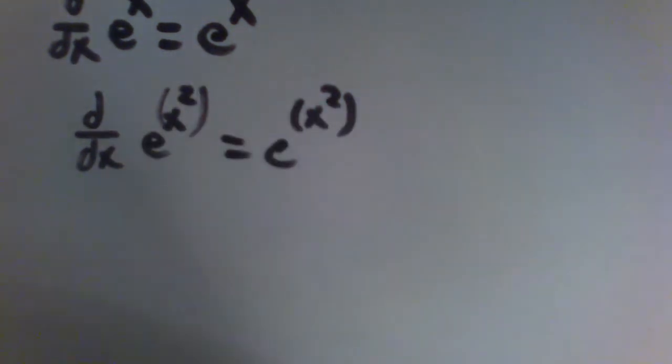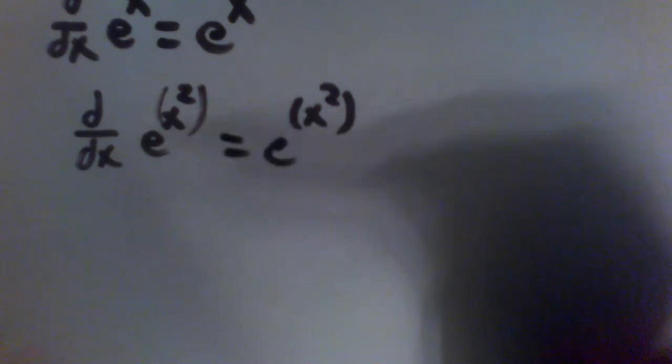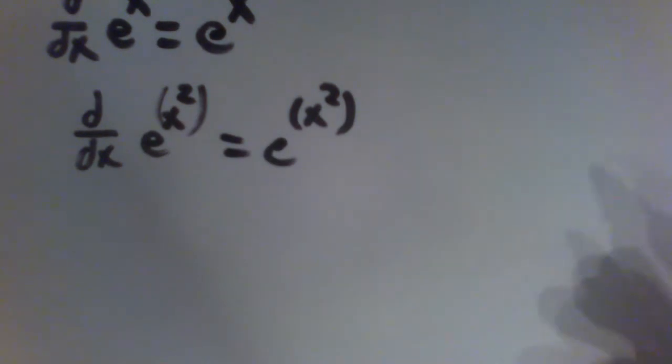The reason why we're using the chain rule is because this thing right here could just be assumed to be some variable y, and then it's e to the power of y, and the derivative of e to the power of y is e to the power of y.